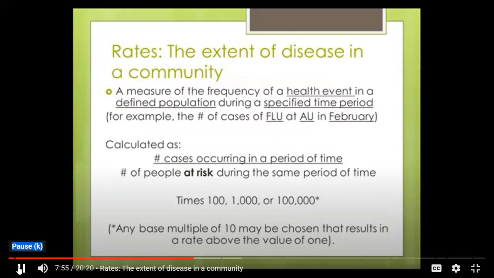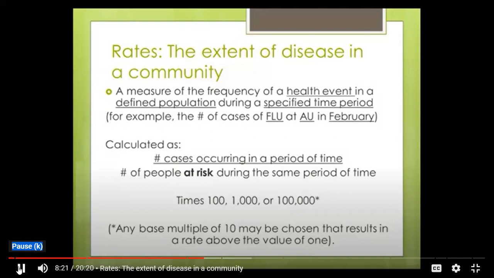For example, it would be the number of cases of influenza at Anderson University in February. They're calculated as the number of cases occurring in a period of time divided by the number of people at risk during the same period of time. And then you multiply that times any base multiple of 10 that results in a rate above the value of 1.